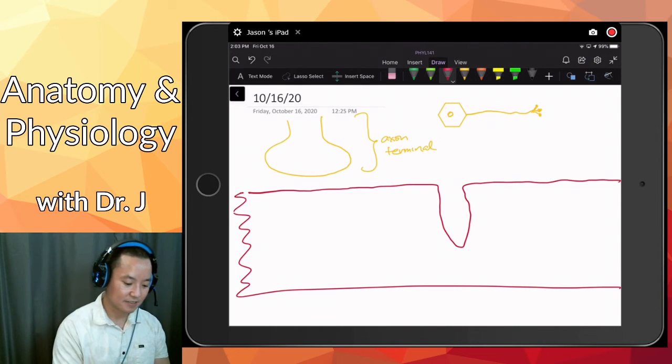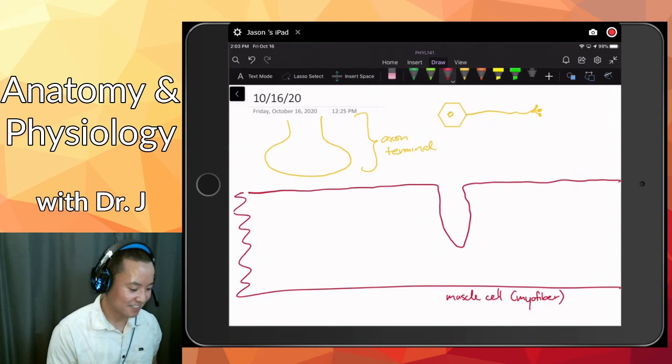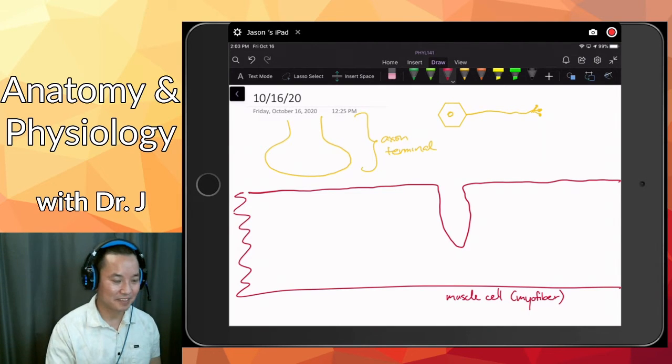Okay, so this is our muscle cell, myofiber, and all the other things like muscle fiber, myocyte, all the same thing. Okay, so currently it's at rest.